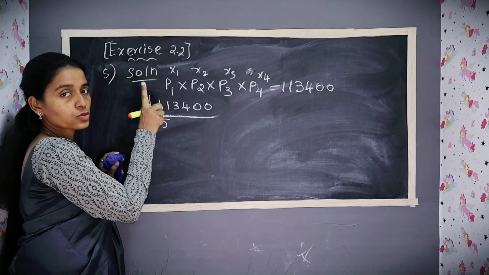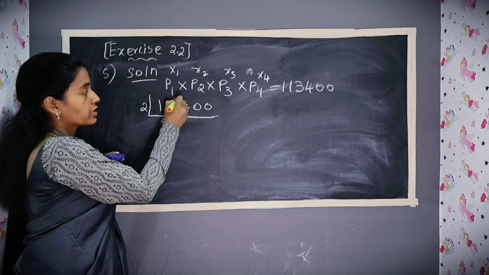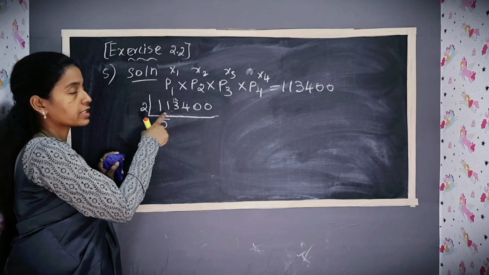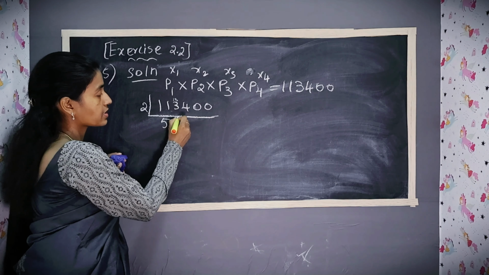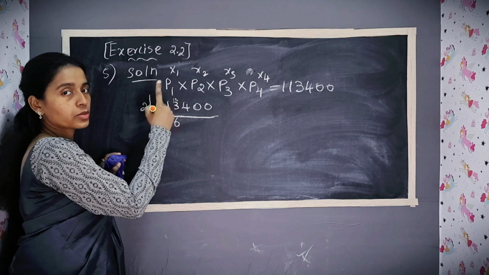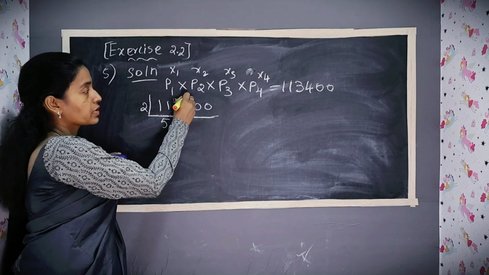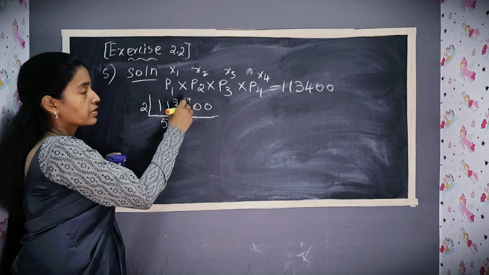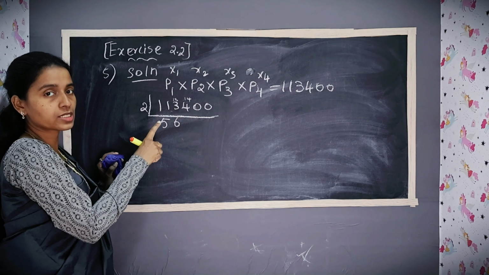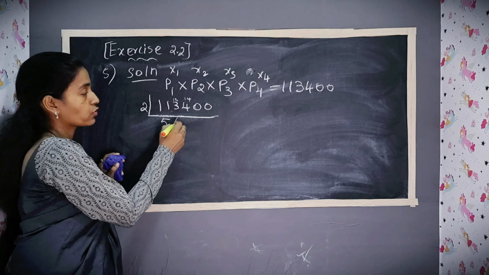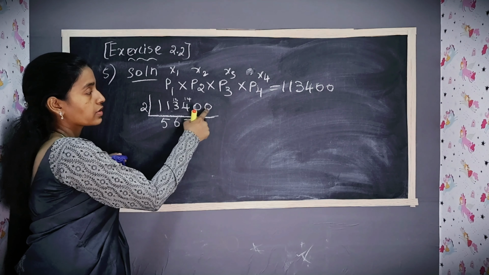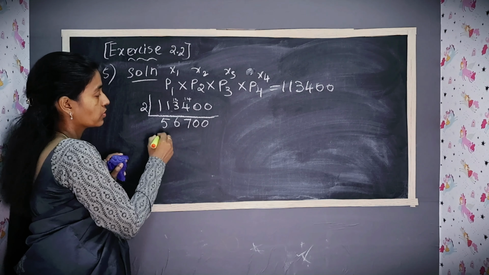So the remainder is 1. So here we have 13. If I am dividing 13 by 2, I'll be getting 6, right? 6 2s are 12. Remainder is 1. So 1 will be coming here, 14. If I am dividing 14 by 2, I'll be getting 7, right? 7 into 2, 14. So now I can write 0 over here, 00.